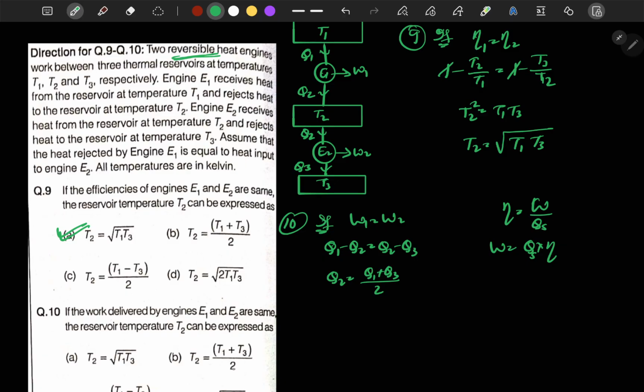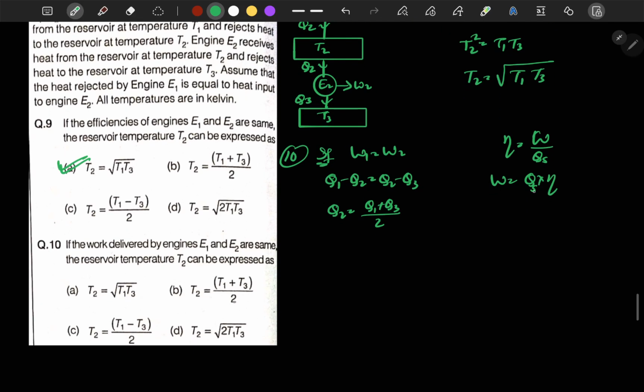Also we can write it as, if W is equal to Q supplied into efficiency, what else can we write? We can write efficiency in terms of temperature.